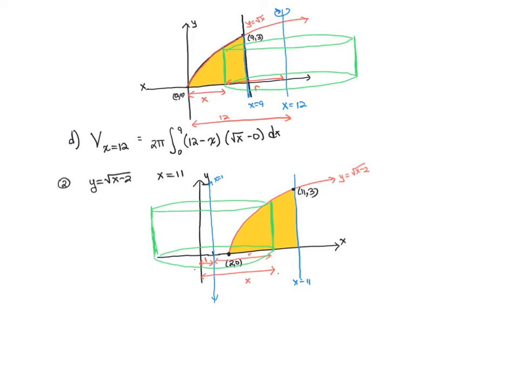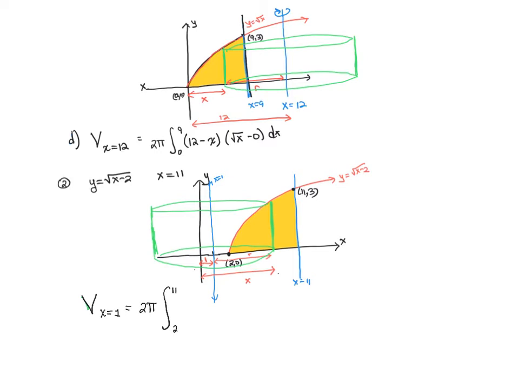Well, in this case, let's start writing up the integral. So it would be the volume of this solid when we revolve around the vertical line x equals 1. Okay, 2 pi would go on the outside. The x limits of integration would be from x equals 2 to x equals 11.